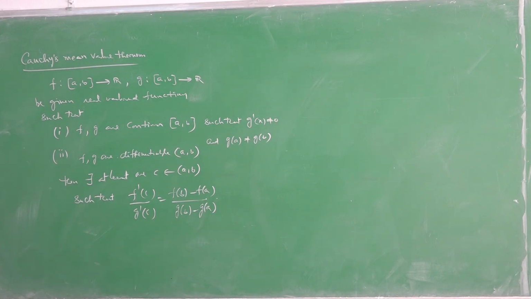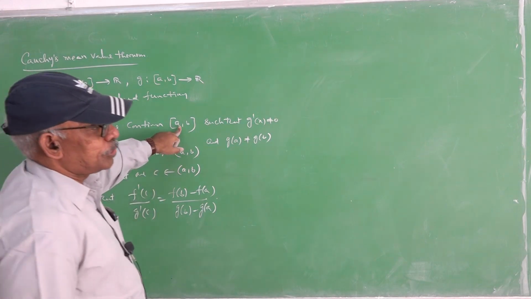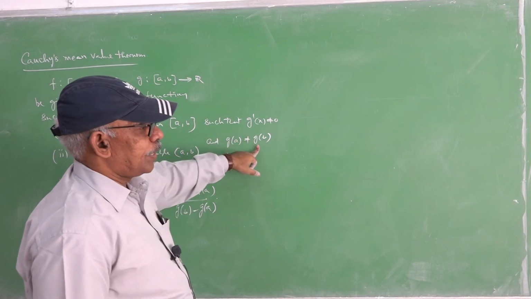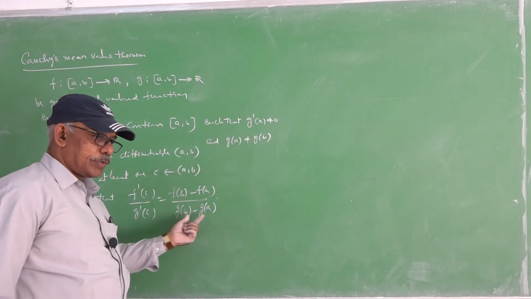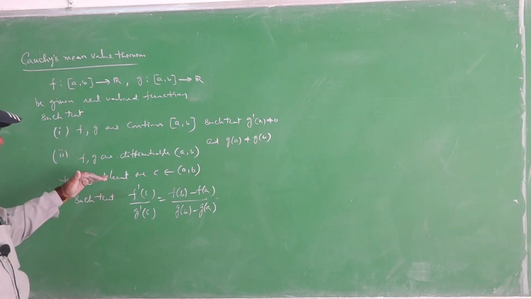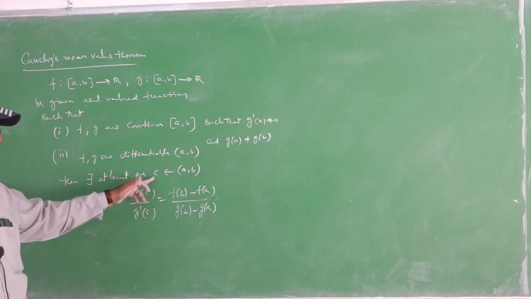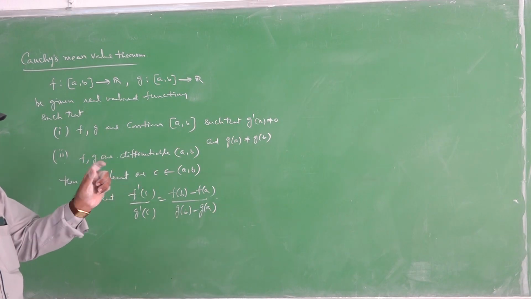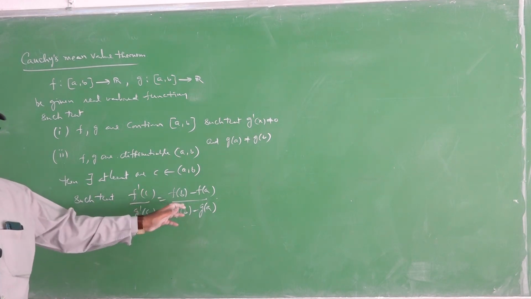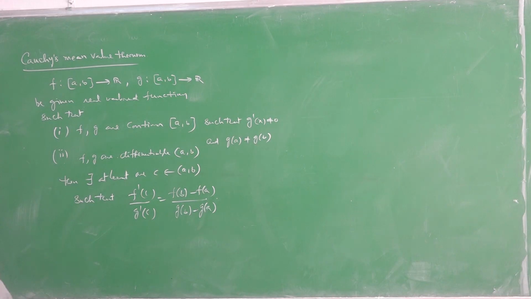F and g are continuous functions over the closed interval a b, and they are differentiable on the open interval a b. And g dash x is not equal to 0; the derivative is not 0 in between a b. And g of a is not equal to g of b. Then certainly in such a case there exists at least one c, one intermediate value in between a b, where f dash c by g dash c is always equal to (f b minus f a) by (g b minus g a).